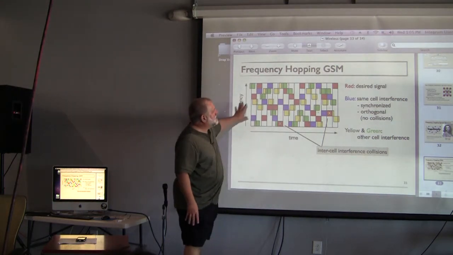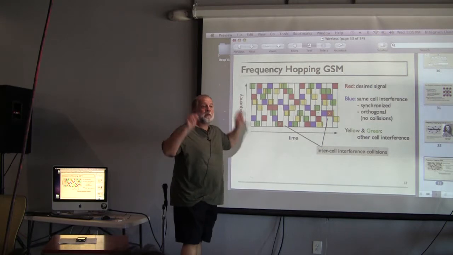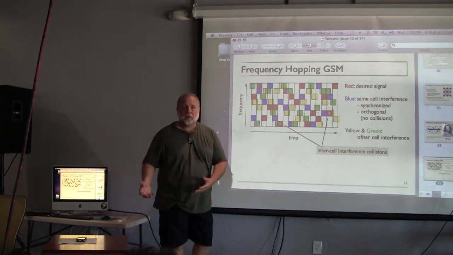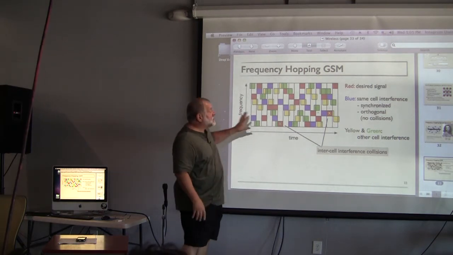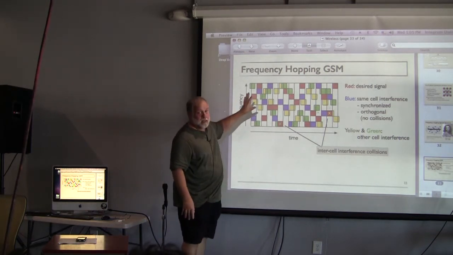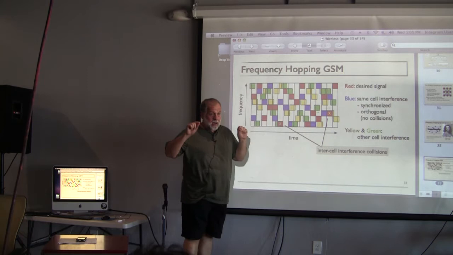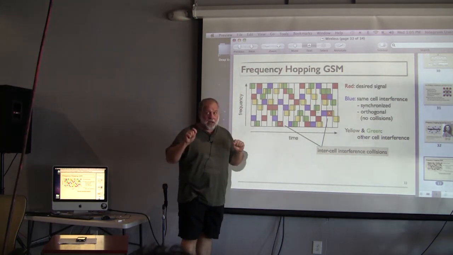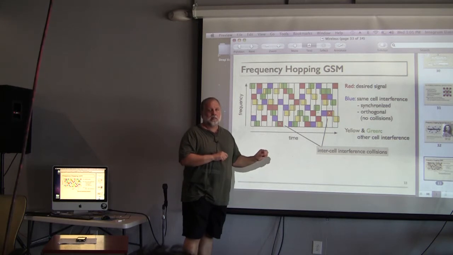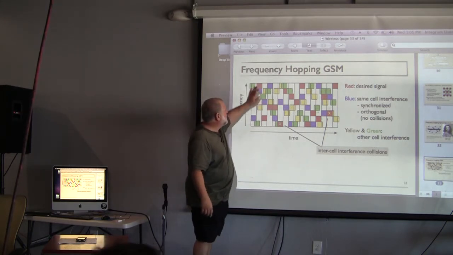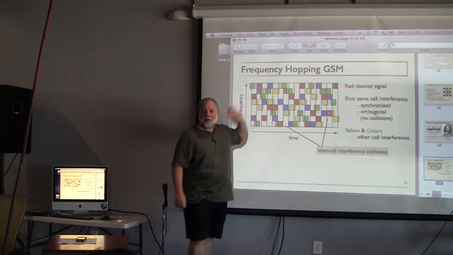So this is the first example of spread spectrum multiple access. The reason it's multiple access is because I have a hopping sequence per channel, but different channels have different hopping sequences. So the yellow is different than the red is different than the blue, and so on.